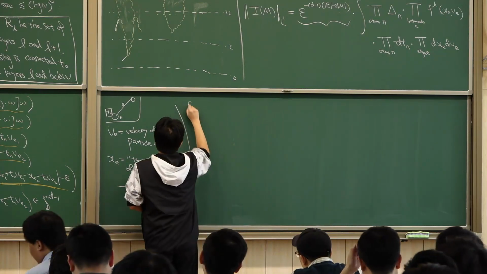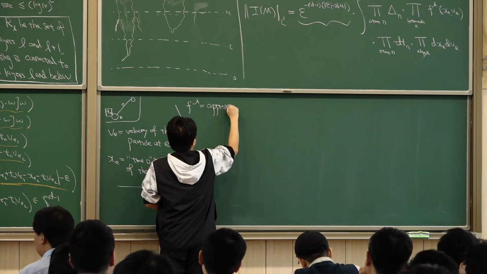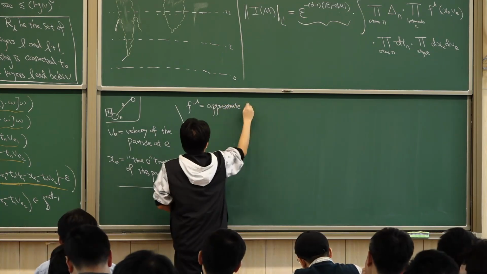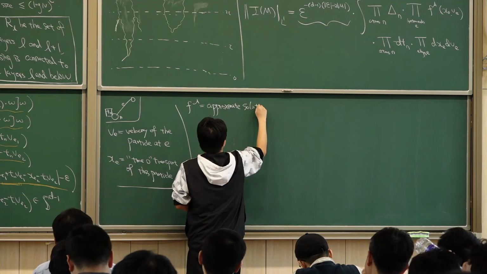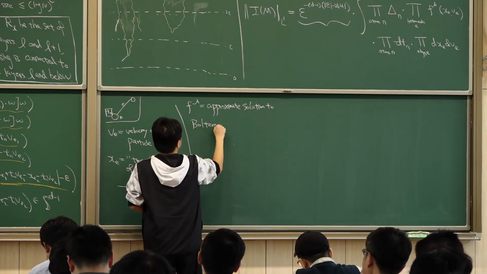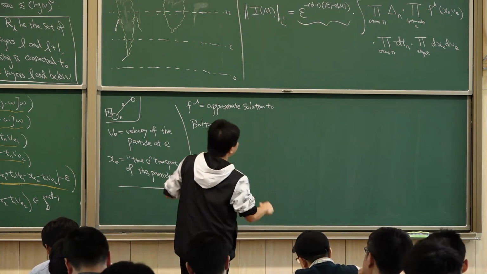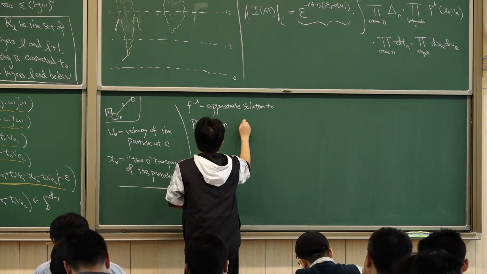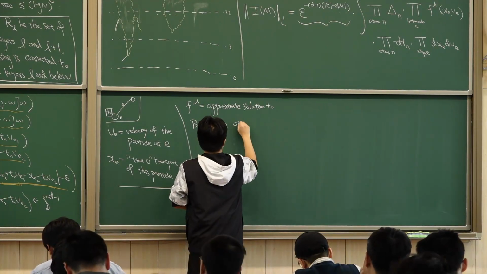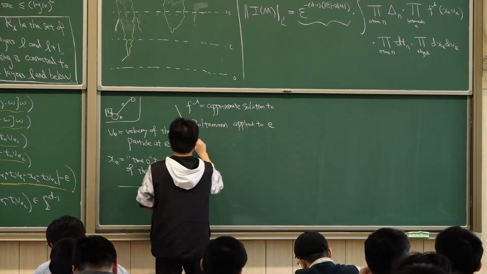So Fa equals an approximate solution to Boltzmann, and then applied to E, which are bottom ends.